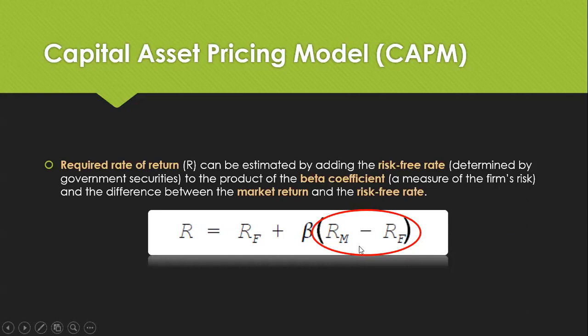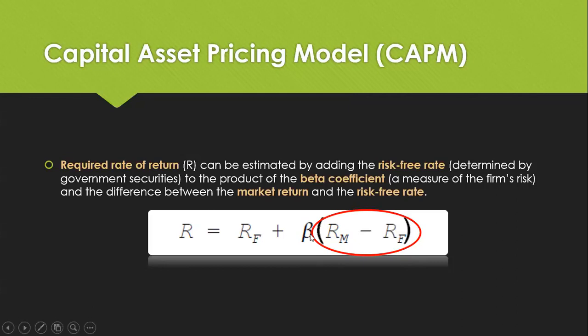Sometimes in the problem, what they give are the market return and the risk-free rate. However, if what is given is the market risk premium already, if the word premium is there, it is already the market risk premium, do not deduct the risk-free rate again. If what is given is the risk premium, that means the risk-free rate has already been deducted, so your deduction would be doubled. So remember, if what is given is the market risk premium, do not subtract the risk-free rate.